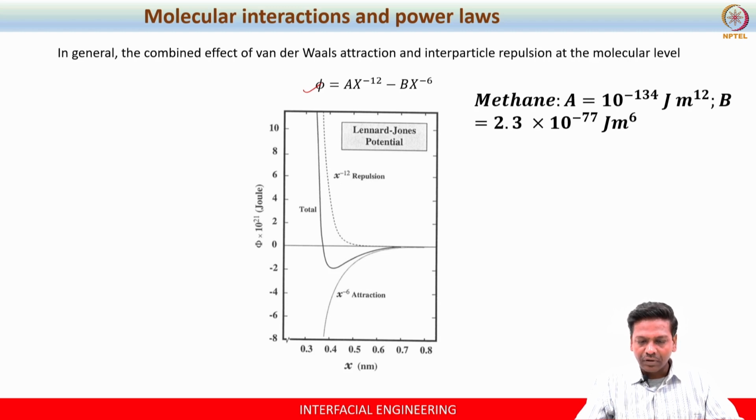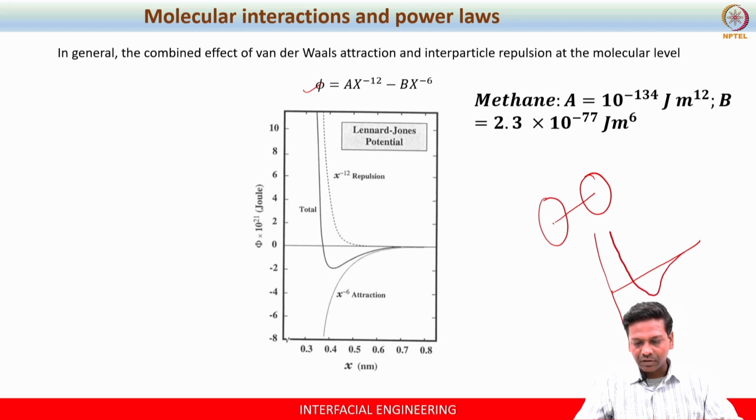So let's talk about methane molecule. Let's say we have two methane molecules approaching each other very closely. As they move very closely, there will be van der Waals attractive energy. They will experience van der Waals force and then repulsive force.